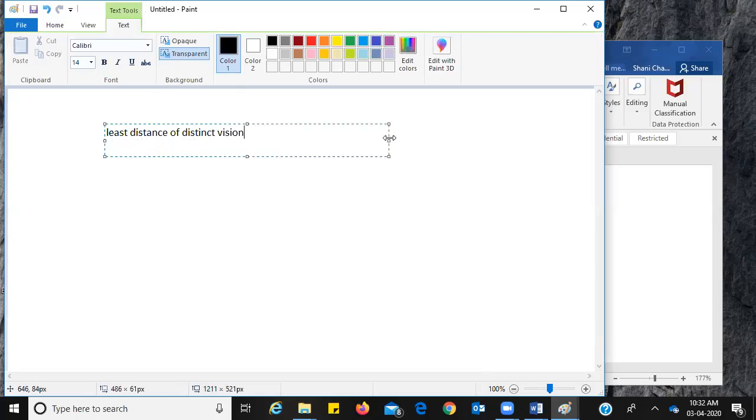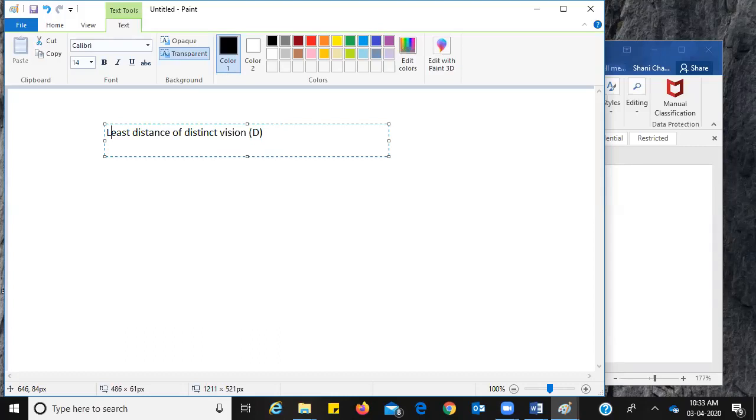So, near point. Yeah, that is the least distance. It's the least distance where an object can be placed in front of the human eye and where we can see it clearly.